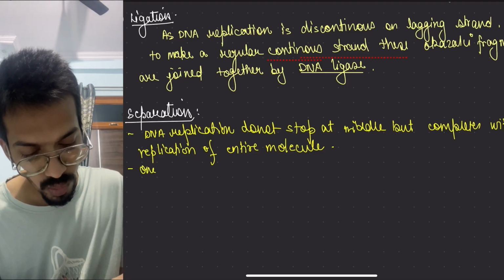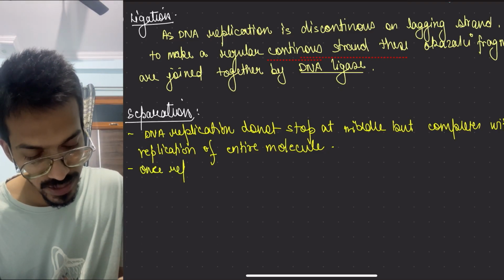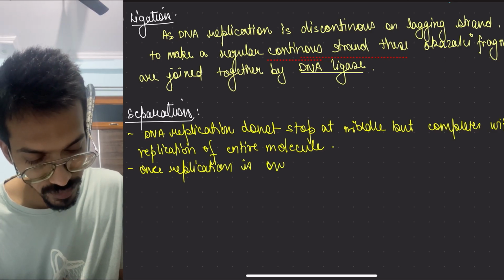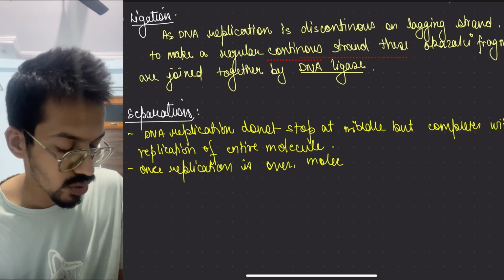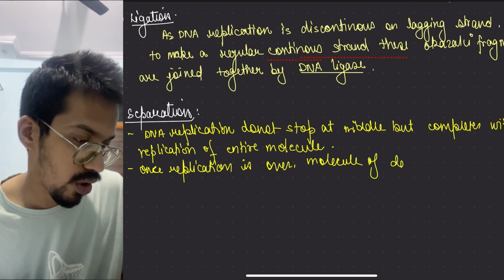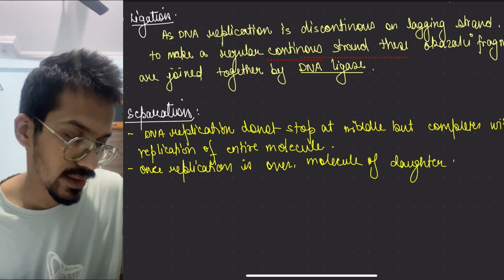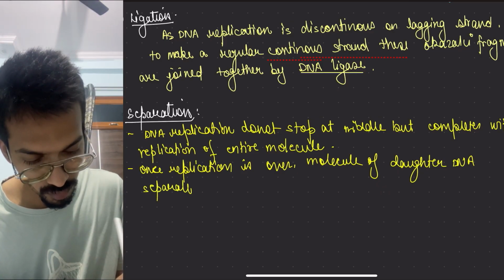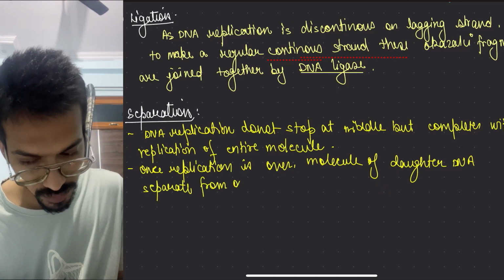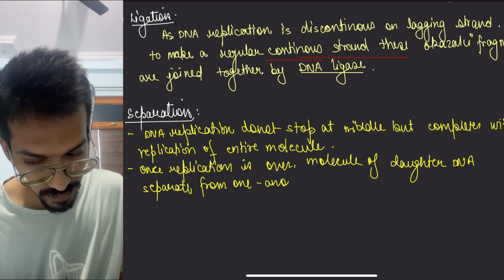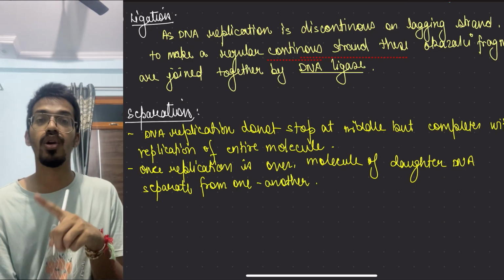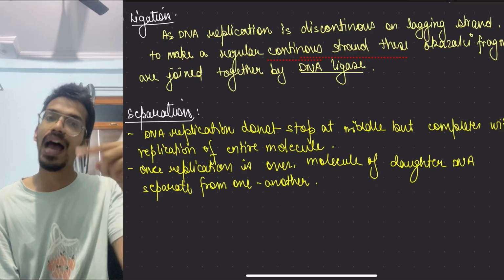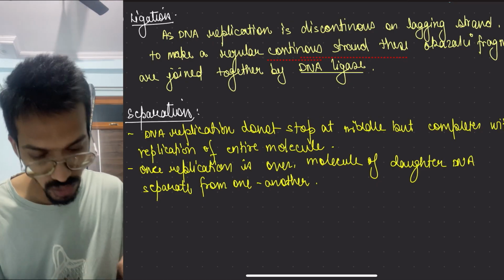Once replication is over, molecules of daughter DNA separate from one another. Each daughter DNA molecule has one parental, old one, that is green or dark green, either of it, and the new one, that is the blue colored one.